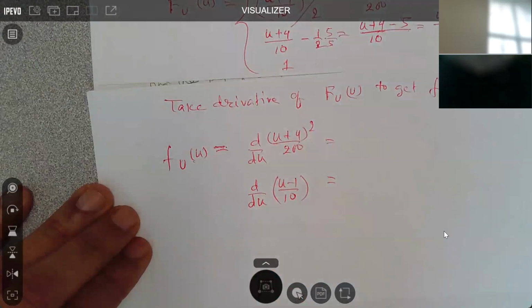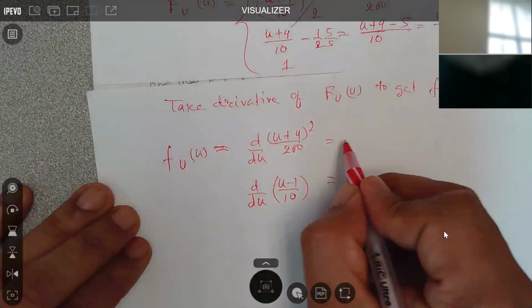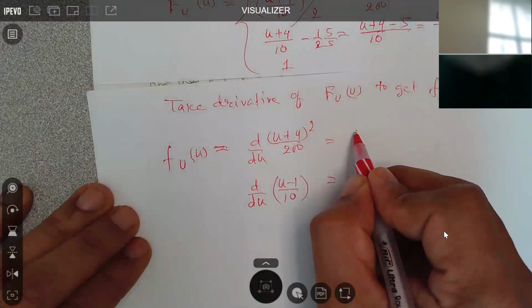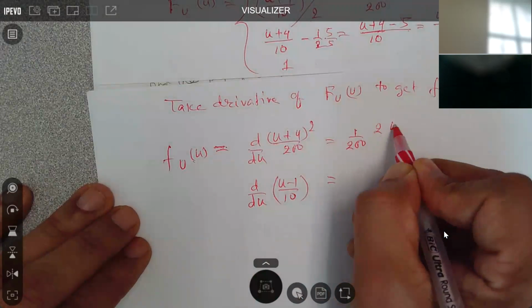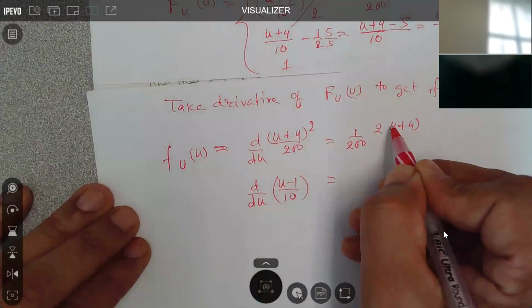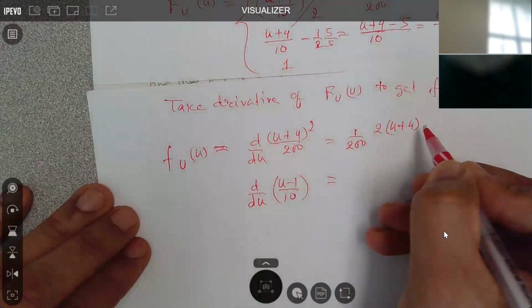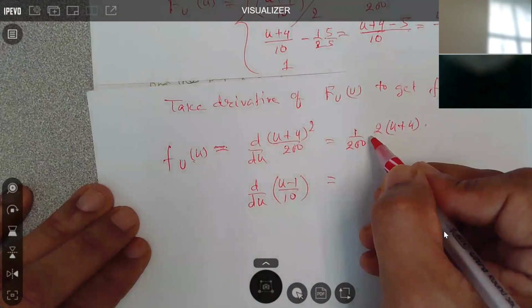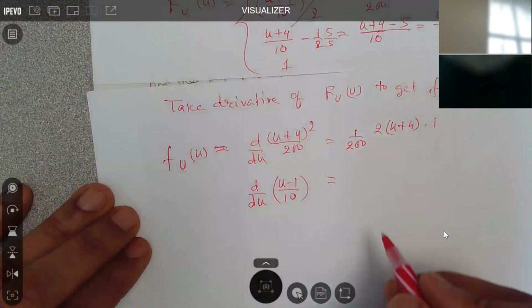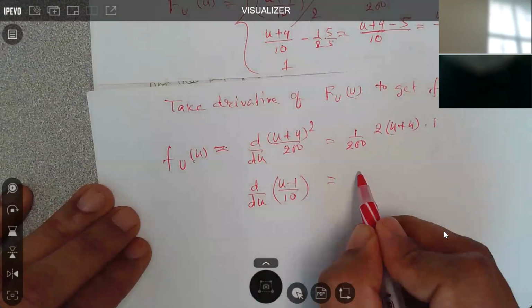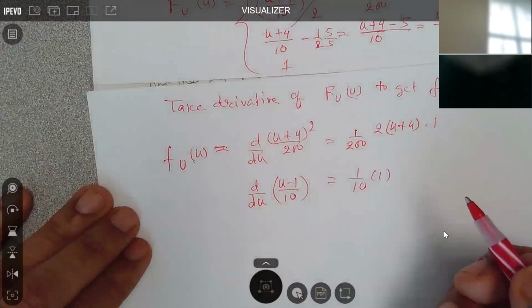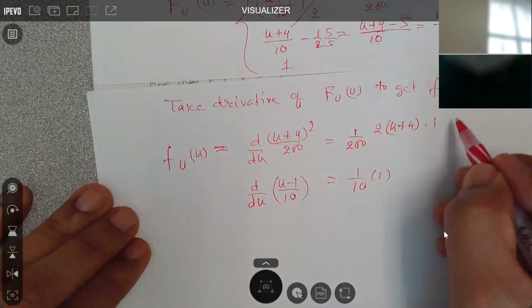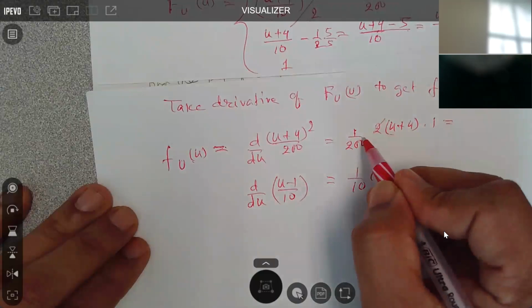So if you take the derivative here, this is equal to 1 over 200 times 2 times (u plus 4), and then 1. And here you will have 1 over 10 and 1. So you cancel this one here, this is 100.